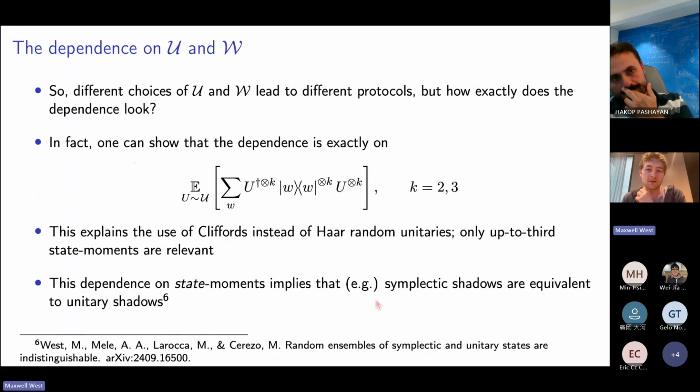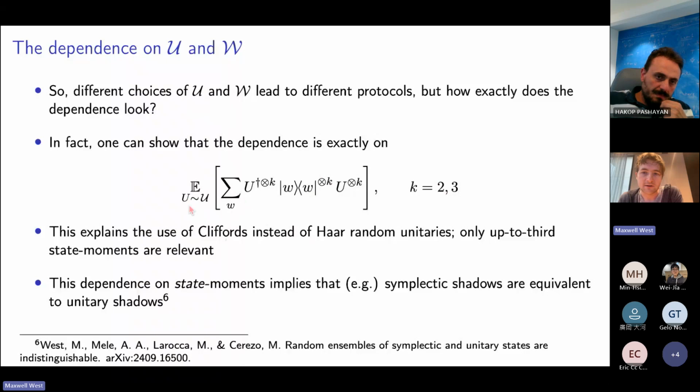Okay, so one more slide before we get onto it. I keep saying that we have this dependence on U and W, but I didn't say exactly what this dependence is. And it turns out, maybe a little surprisingly, that this dependence is exactly encapsulated by this expression here, where k equals either 2 or 3.